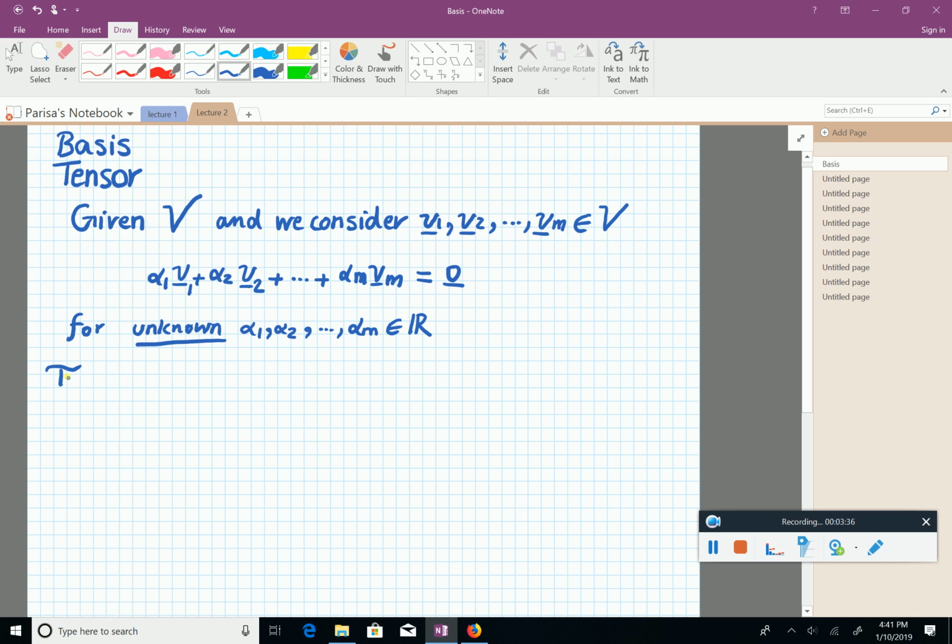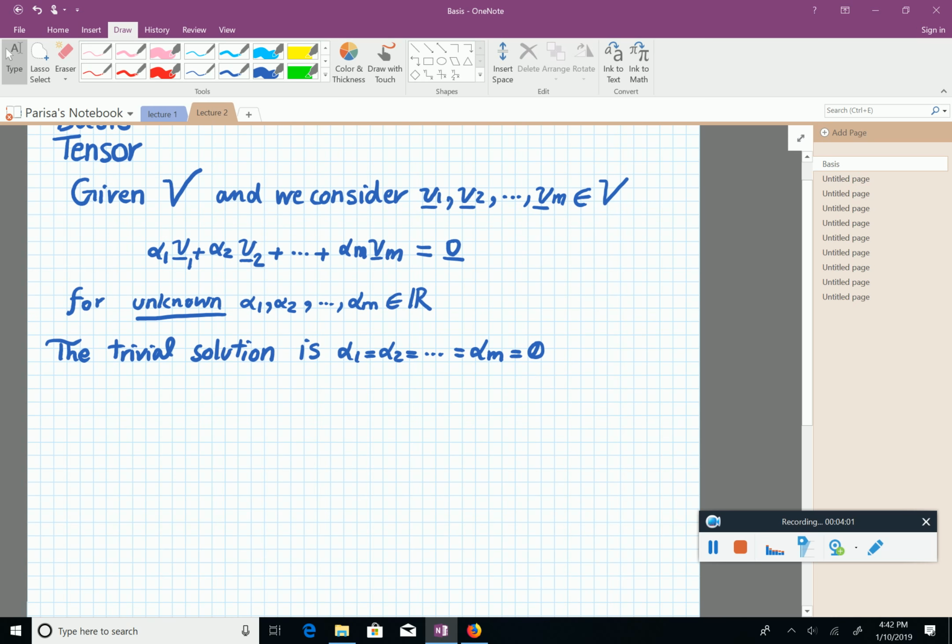The trivial solution is, as you can all see, all these alphas are equal to 0. And this is a 0 number.